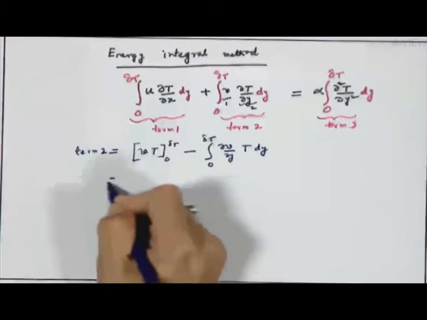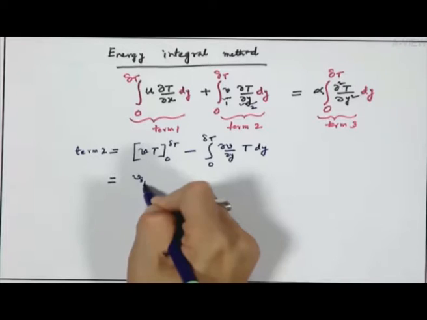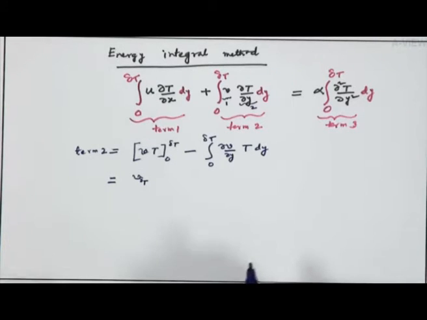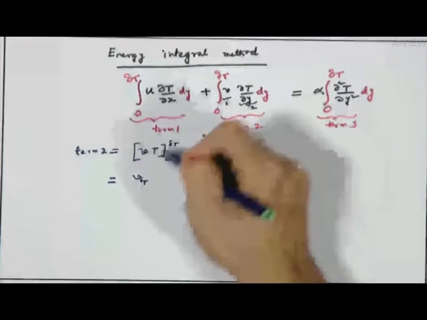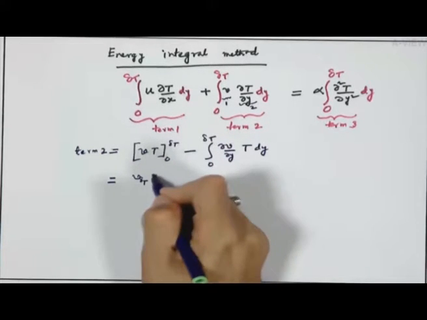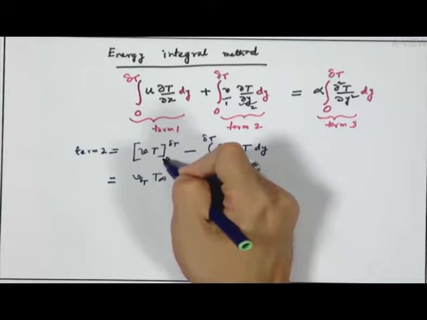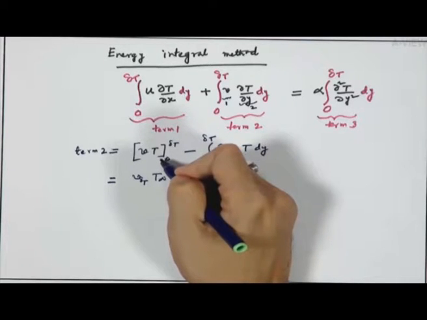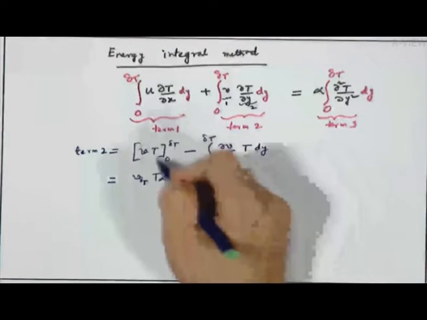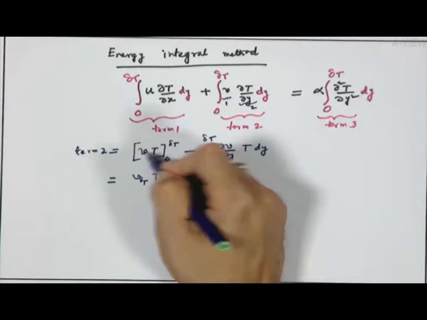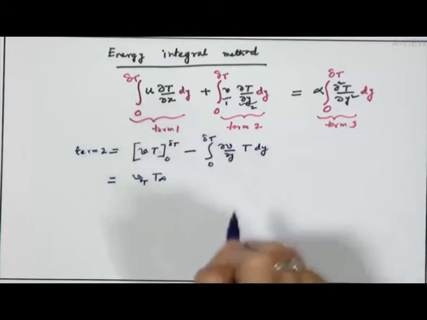Now this is v at delta t, which we do not know, times T at delta t, which is T infinity, minus v at 0, which is 0 because there is no hole at the solid boundary, it is a no penetration boundary condition, so it is 0 into T wall, that is 0.